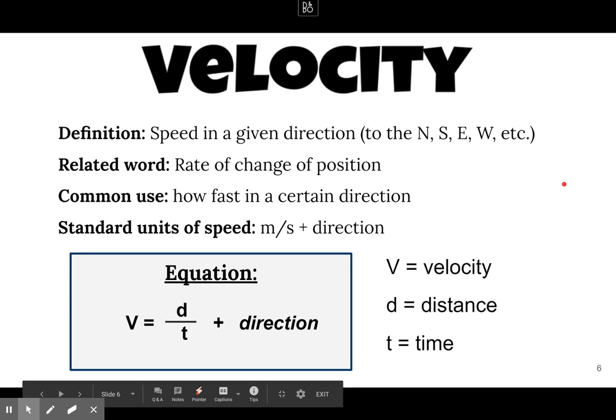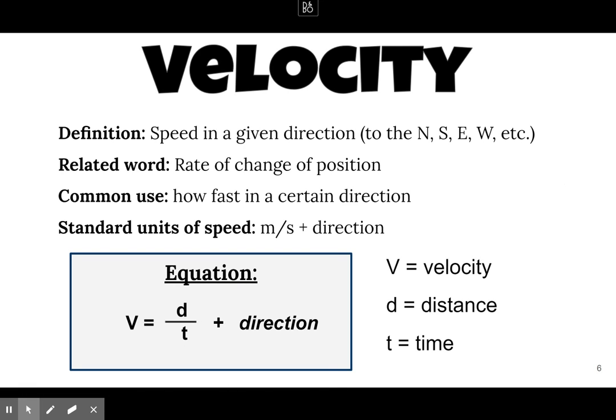Now, velocity. Velocity is defined as speed in a given direction. So that could be to the north, south, east, west, and so on. A related word is rate of change of position. Common use is how fast in a certain direction.